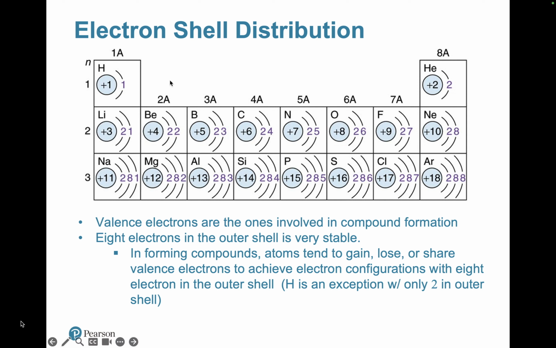But in the case of something like lithium or sodium right here, they've got one electron on the outer shell that they can really get rid of easily, right? And so to get to a full outer shell of 8. And getting to a full outer shell of 8 is the octet rule, right? Where all elements or atoms want to have a full outer shell of electrons.